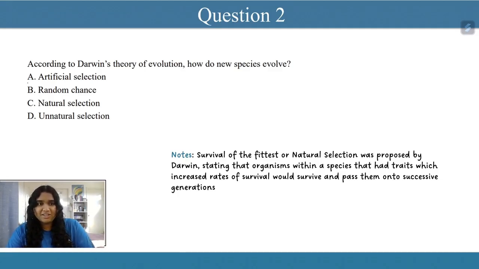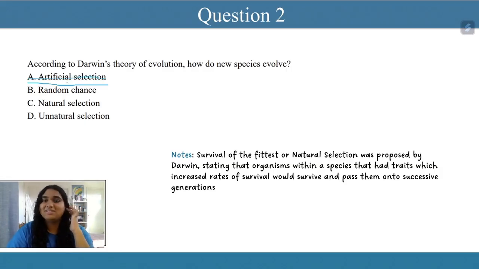So, artificial selection, option A, is where humans will actually intervene and pick out the traits that they think are the most beneficial, and then you can either artificially breed them or genetically modify them to produce individuals with those hand selected traits. Unfortunately, that is not how evolution works in real life, so A is not our correct answer.